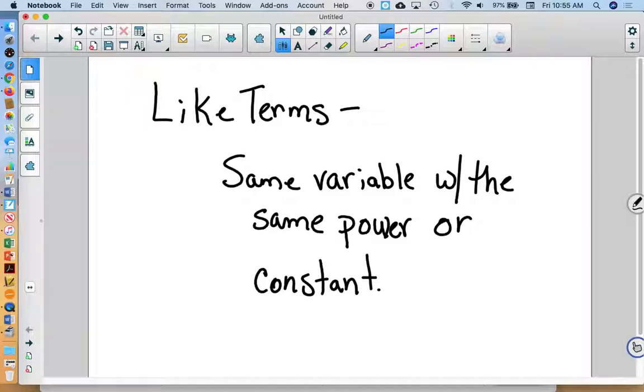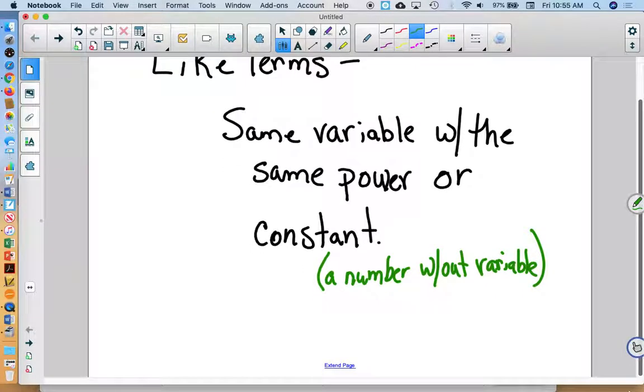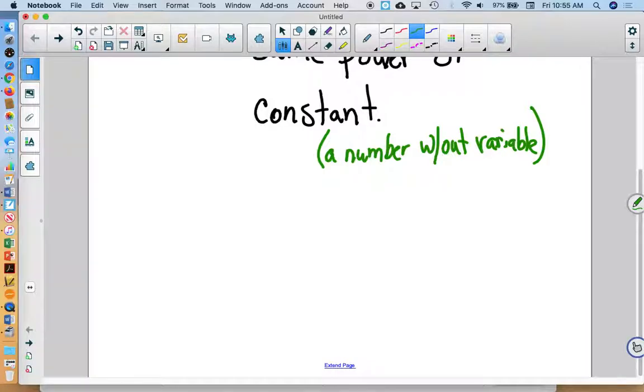Which is a constant that would be defined as a number without a variable. Would that make sense for a constant? And the reason we call that a constant is if you're looking at the number 3, is 3 always going to equal 3?